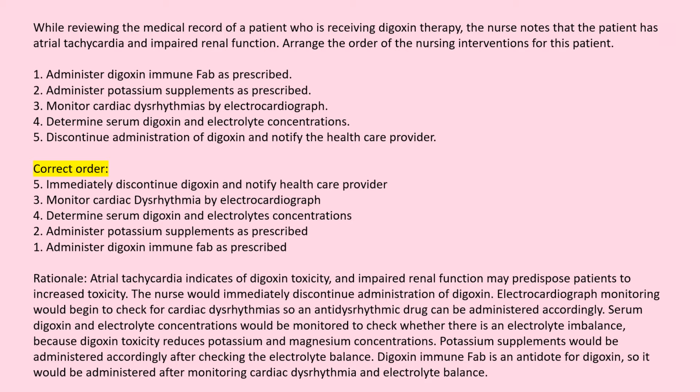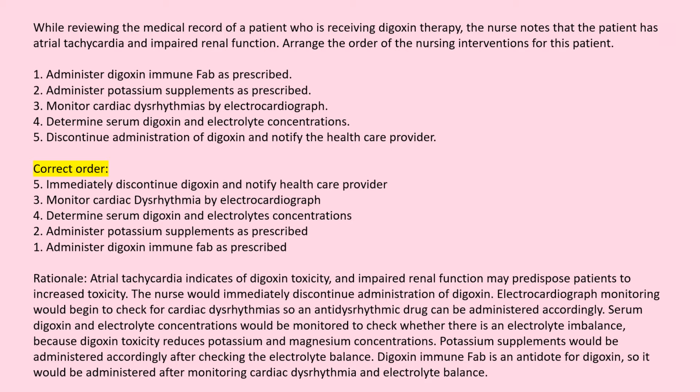Rationale. Atrial tachycardia indicates digoxin toxicity, and impaired renal function may predispose patients to increased toxicity. The nurse would immediately discontinue administration of digoxin. Electrocardiograph monitoring would begin to check for cardiac dysrhythmias so an antidysrhythmic drug can be administered accordingly.